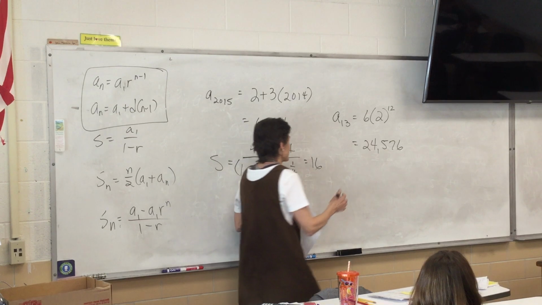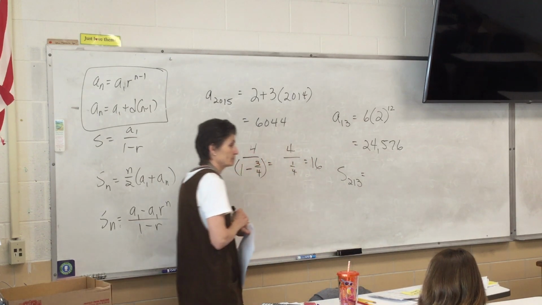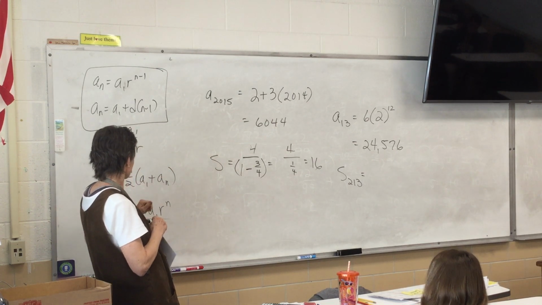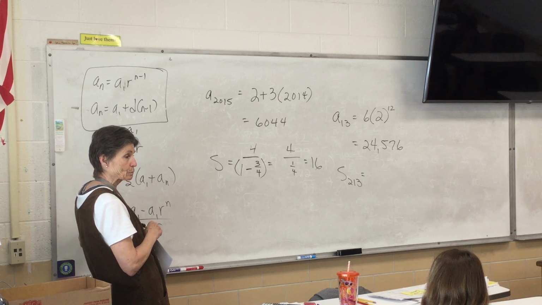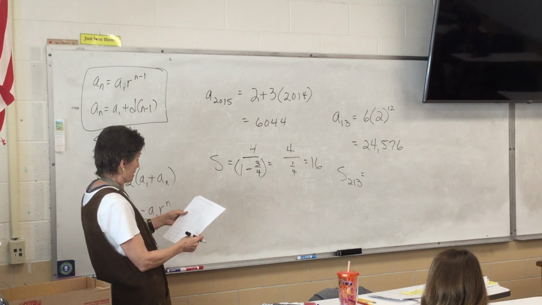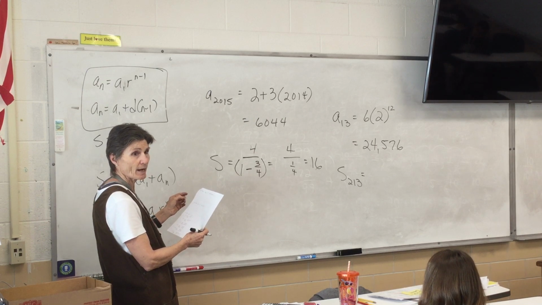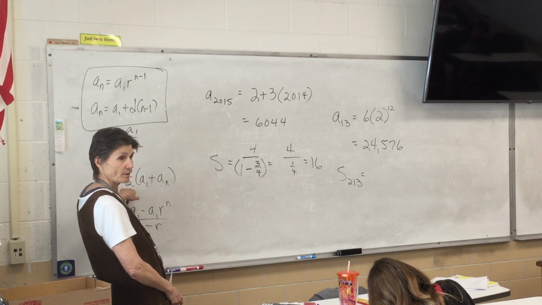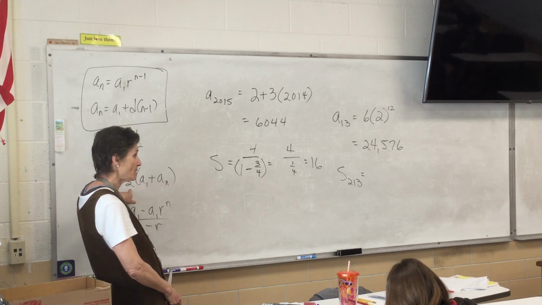Find S sub 213. All right, so that's an S sub, so it's one of these down here. How am I going from term to term? It looks like I am subtracting 10. So it's going to be this formula right here. This is my arithmetic sum.